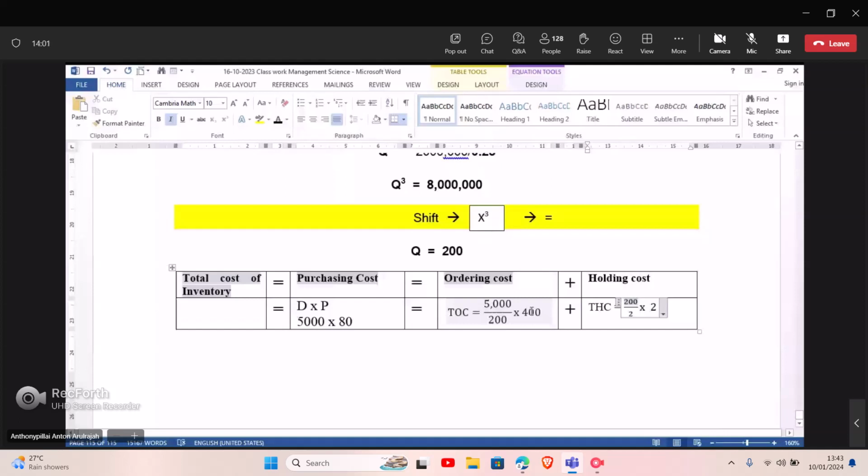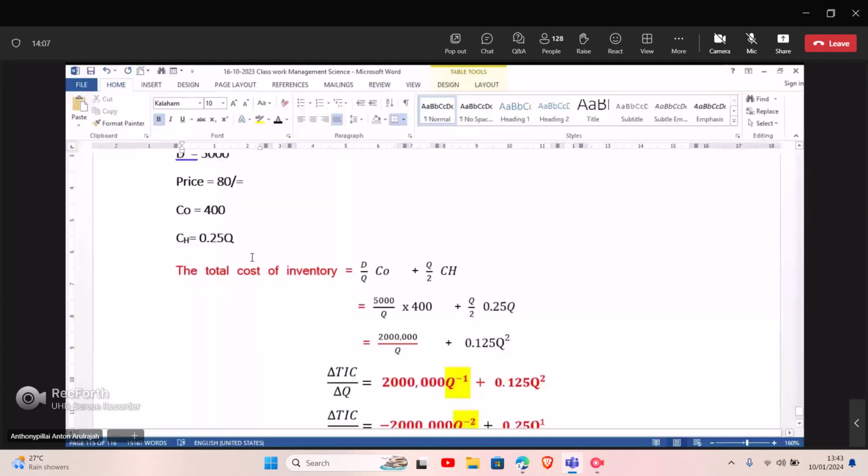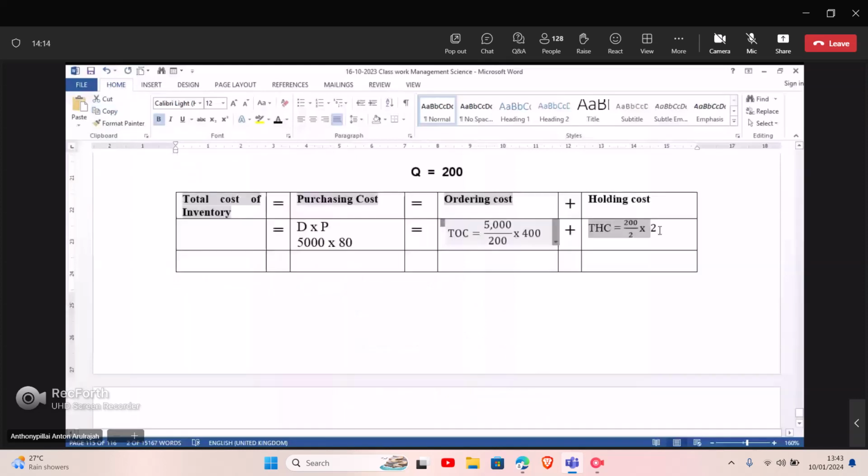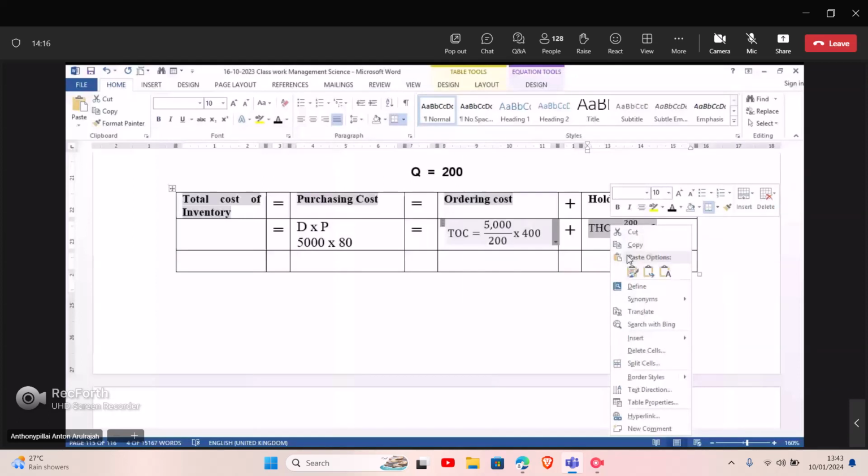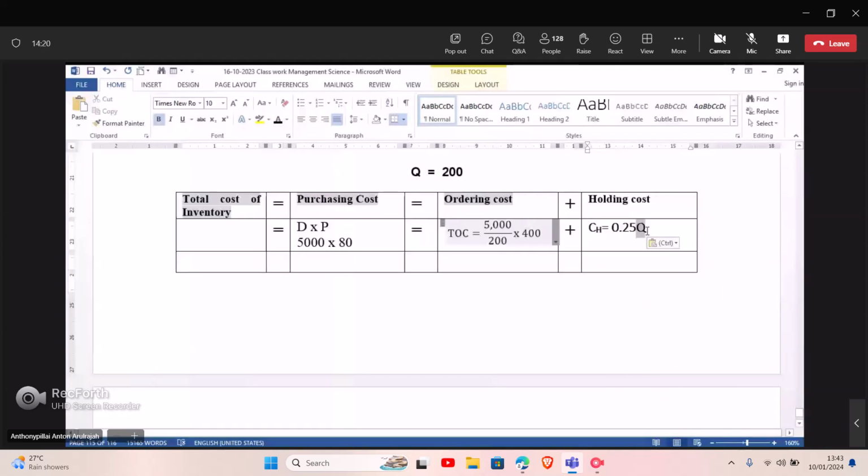Directly apply. This is given now, the equations. So therefore you directly apply this. So the Q is now how much? It was 200. Therefore now divide it.